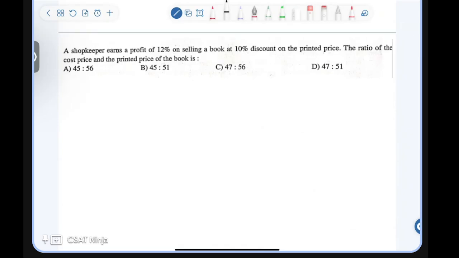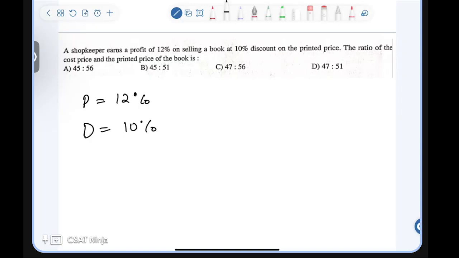A shopkeeper earns a profit of 12% on selling a book at 10% discount. So profit is given as 12%, and selling a book at 10% discount means there is a discount of 10%.